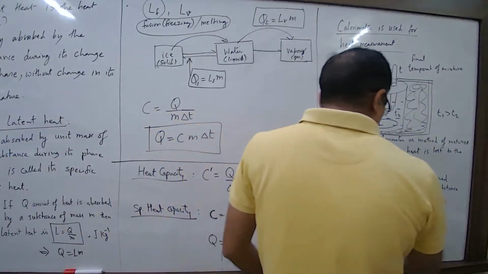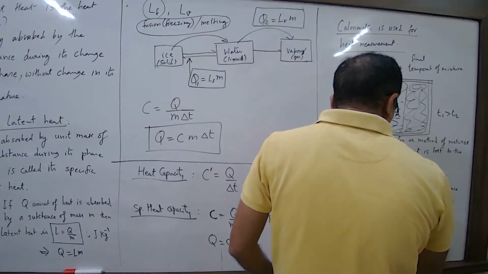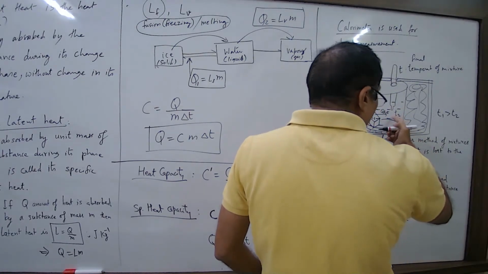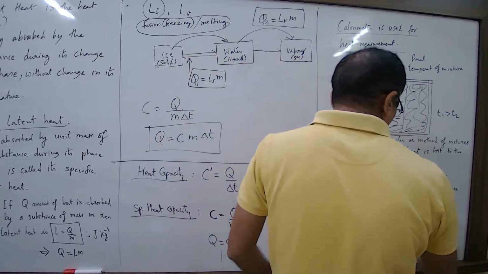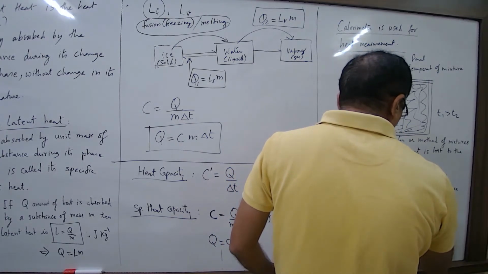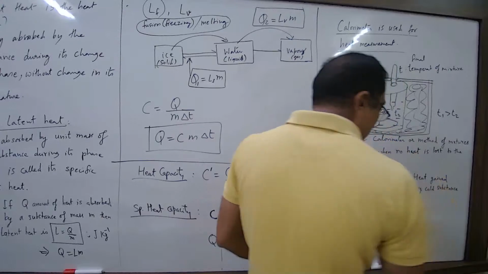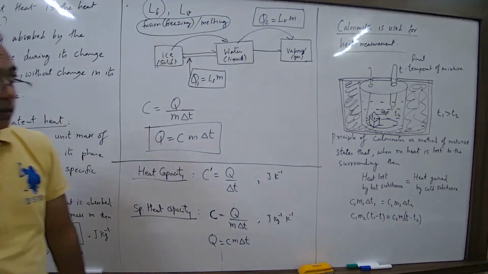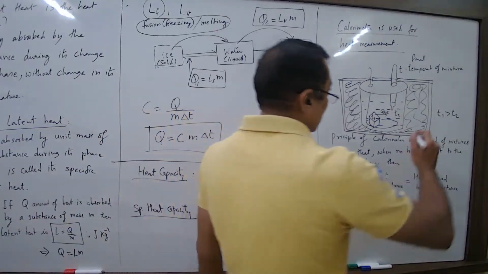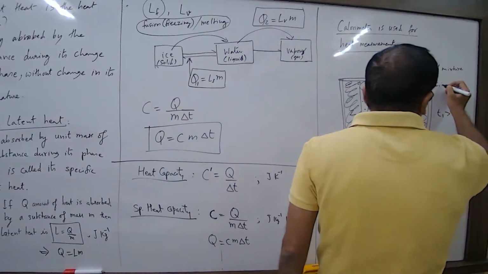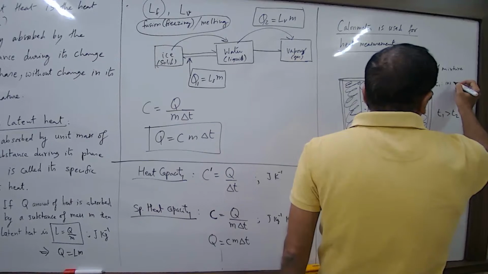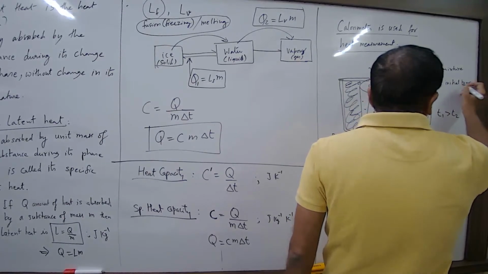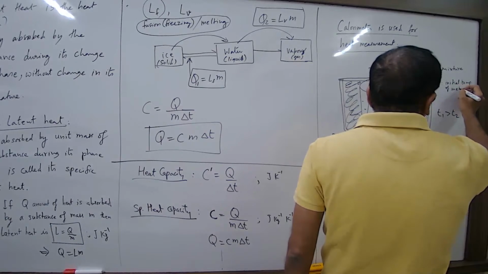So what will be delta T here? This will be C2, M2, and now the mixture temperature is greater than the initial temperature of water because water gained heat. Correct? This is the difference T minus T2. So T1 is the initial temperature of the metal block.